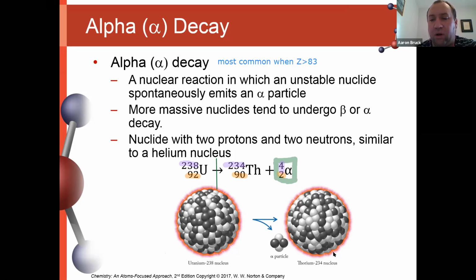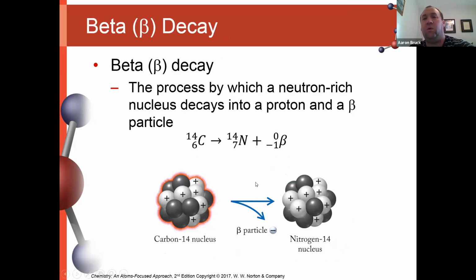Now, in beta decay, we will see that it occurs at all values of atomic number.